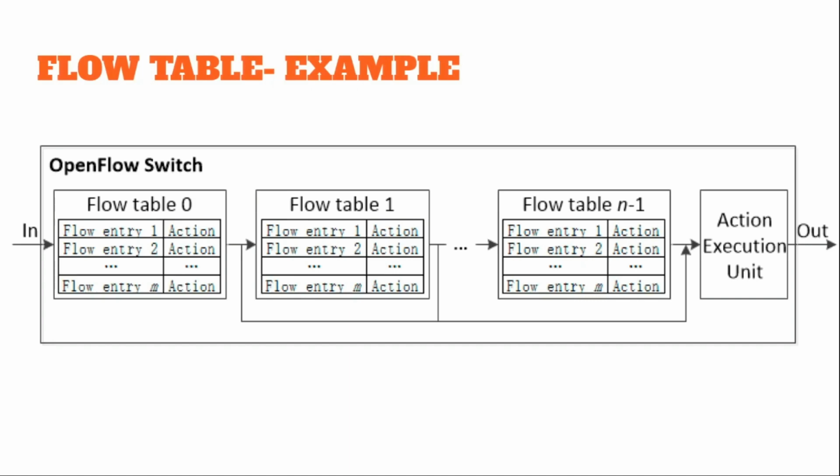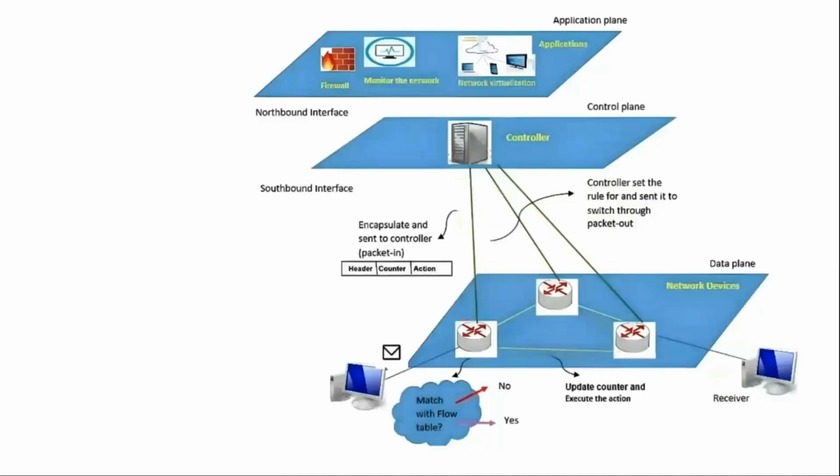As you can see, every flow table has a number of entries in it. So a priority will be assigned to these, based on which the flow rule can be chosen. So yeah, that's about the flow table, and the flow table is similar to the routing tables that we have seen in normal networks.